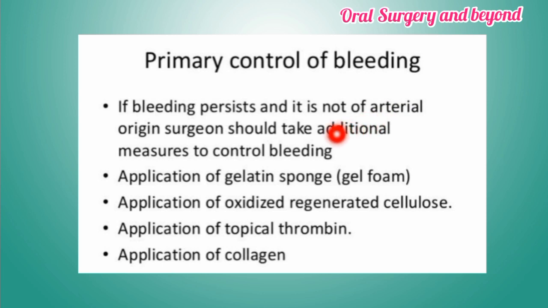As I said earlier, there are a few chemical drugs or topical solutions that are also helpful, like gelatin sponge, gel form, topical thrombin, botroclot solution, or oxidized cellulose and collagen solutions.